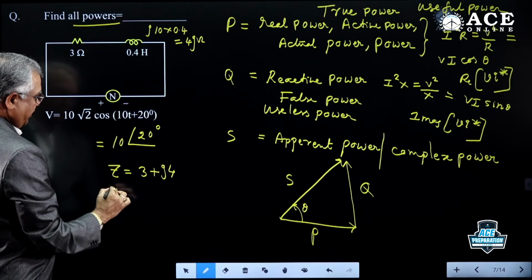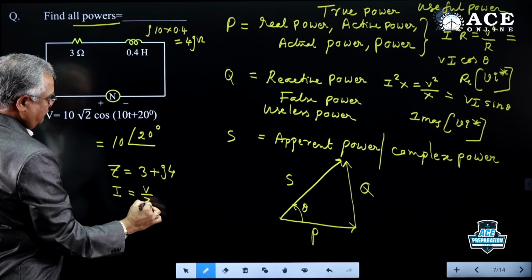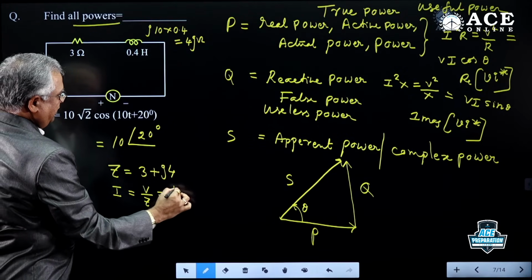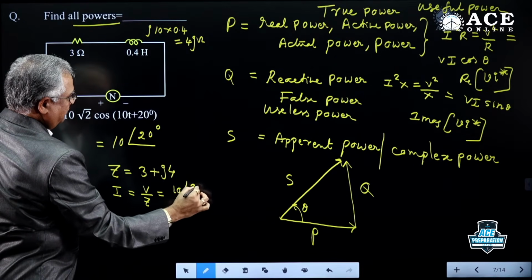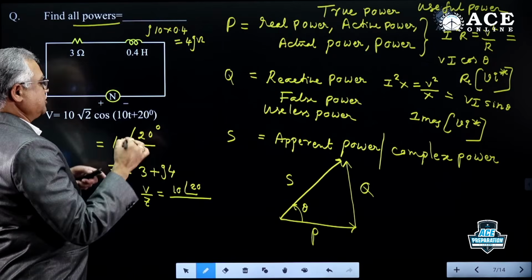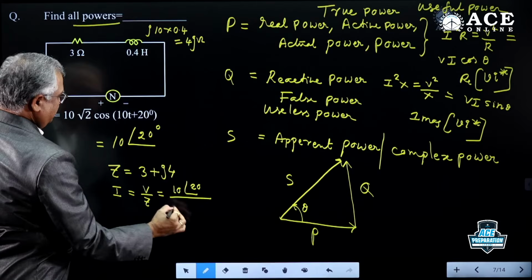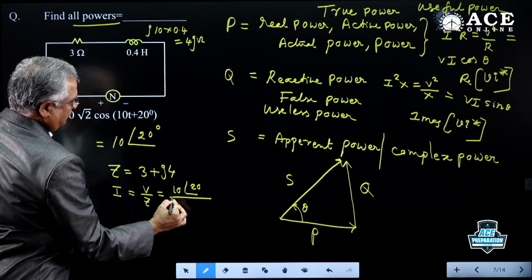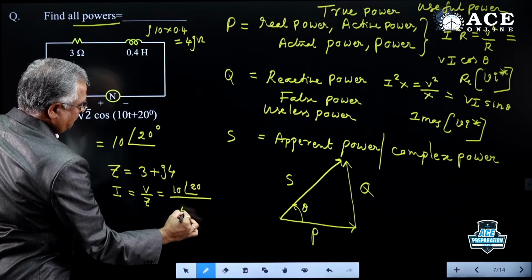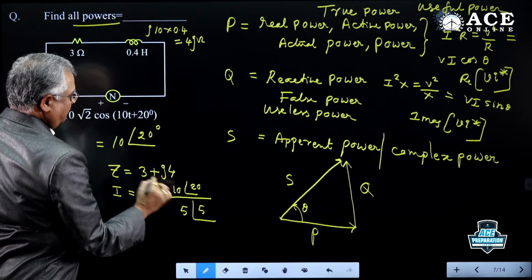Now what is the current I? It is V by Z. What is V? 10 angle 20. This is one basic problem. This concept is useful to solve many complicated problems. So Z is again 3 plus J4, which is nothing but 5 angle of tan inverse 4 by 3.